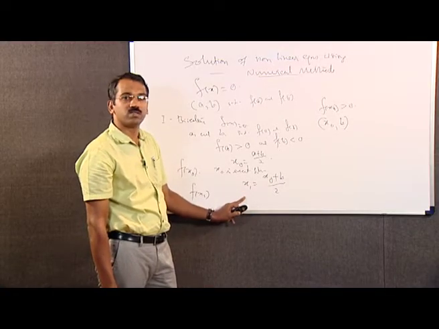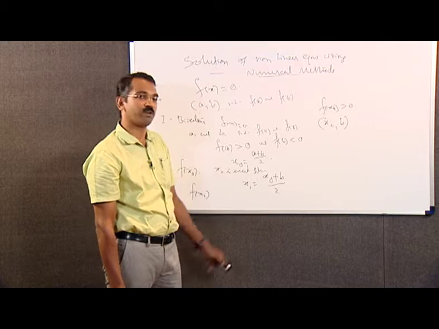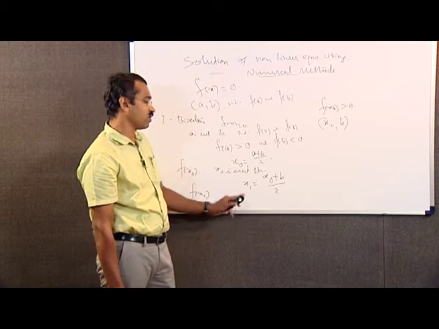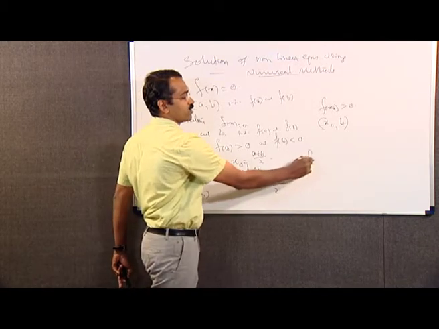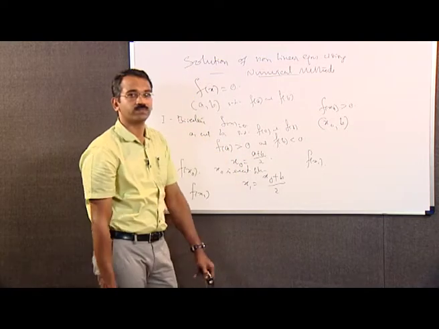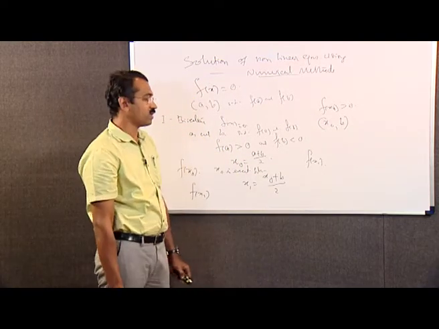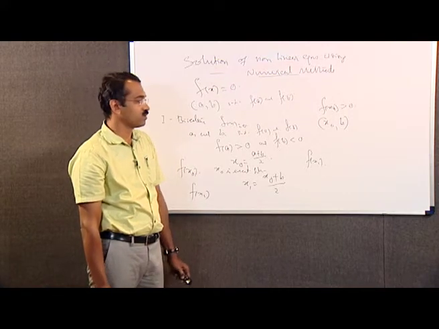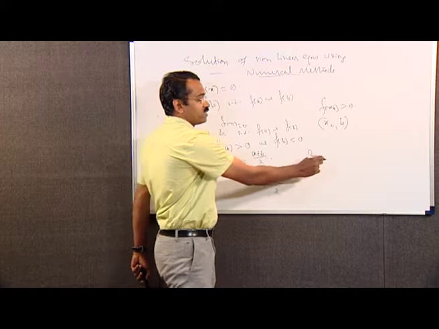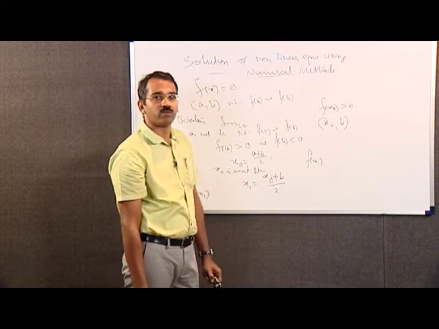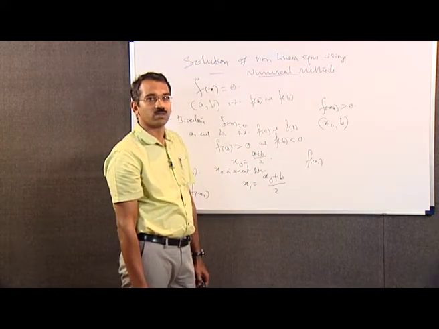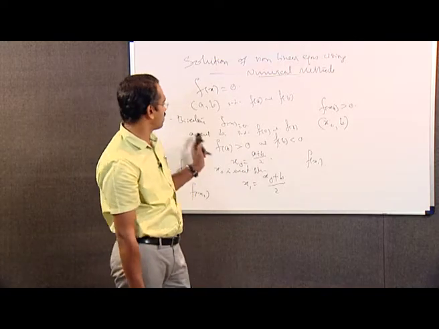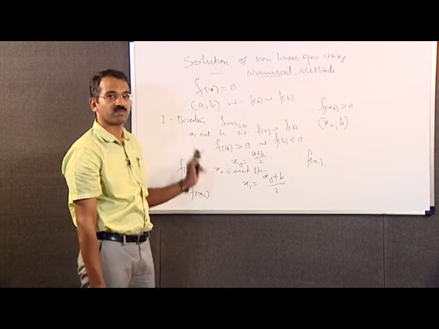Otherwise, we find the next interval of approximation depending on the sign of f of x1. Continue in this manner. In a finite number of steps, we get the approximate value of the exact solution. This is the method of bisection.